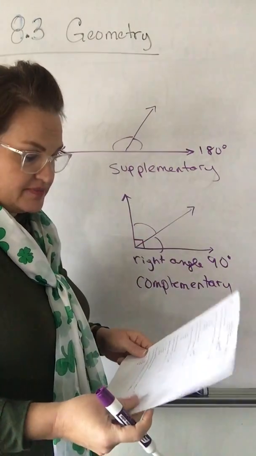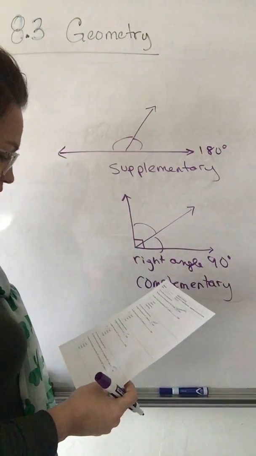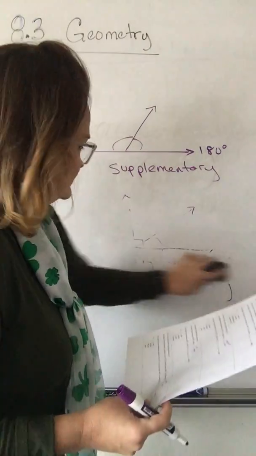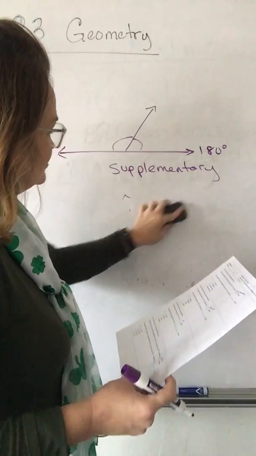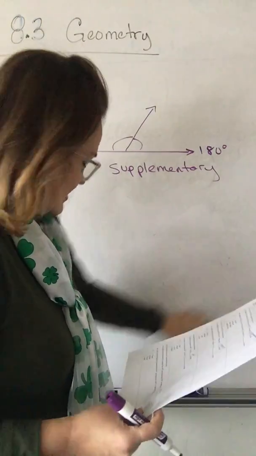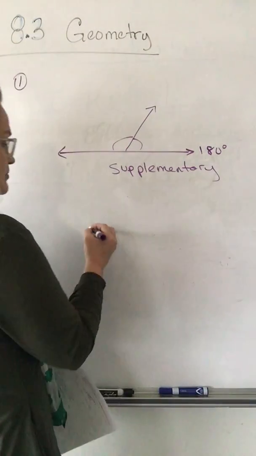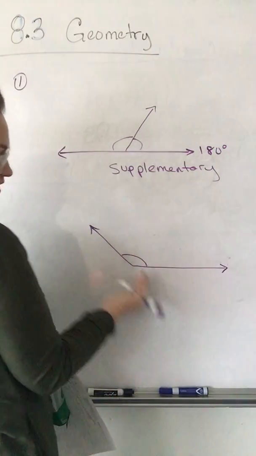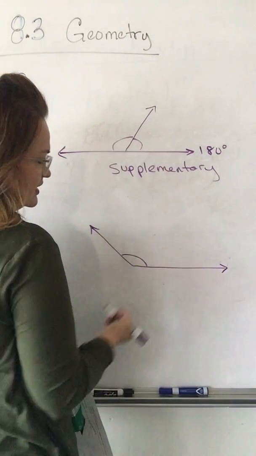That's my number 3. Then on number 4, we shift gears and we talk about obtuse and acute angles. Let me talk to you about that. An obtuse angle is more than 90. So obtuse would be like that, more than a square, more than 90 degrees.